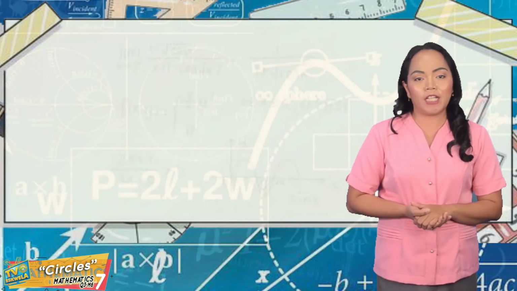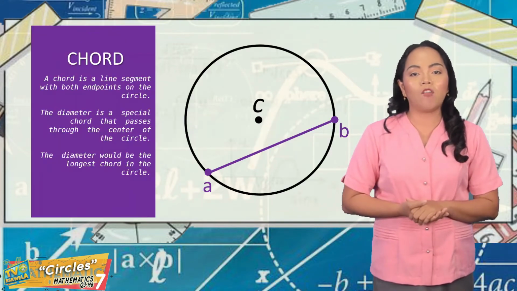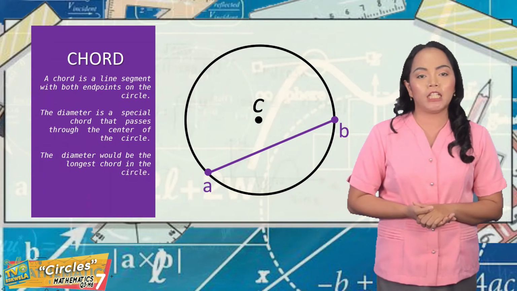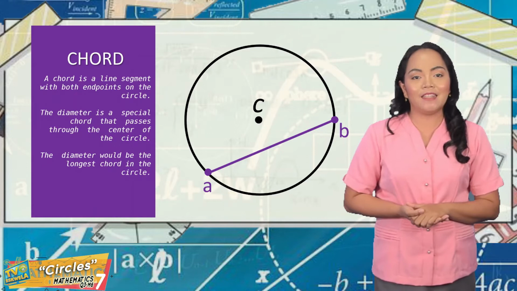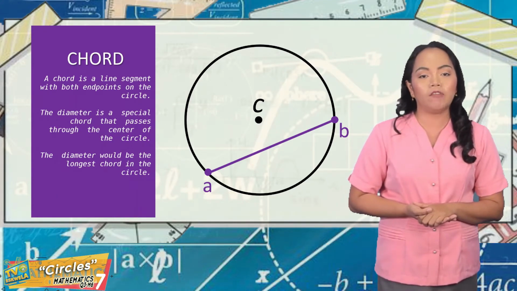Another part of a circle is the chord. A chord is a line segment with both endpoints on the circle, but it is not necessarily that it passes through the center of the circle.